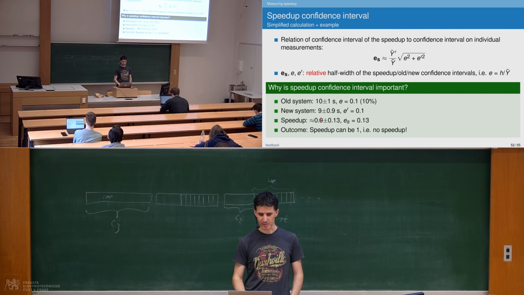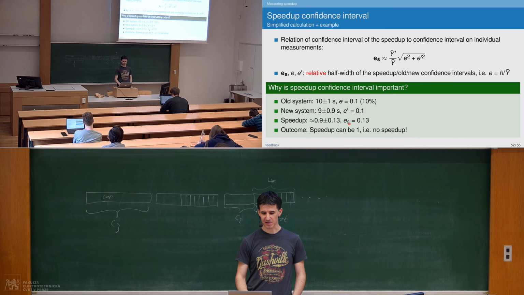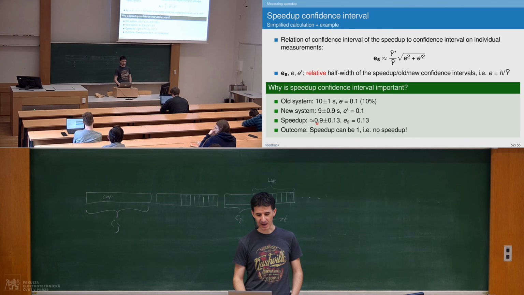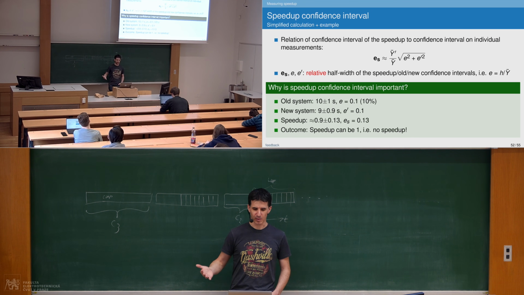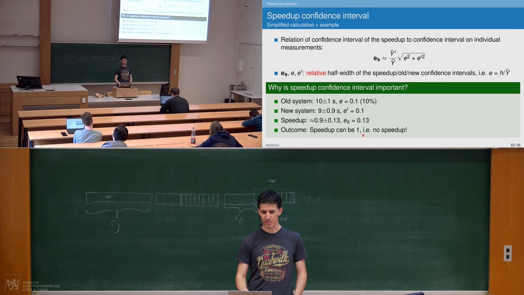But you calculate the speed up, and if you calculate the confidence interval according to this formula, the result will be that the relative confidence interval for your speed up is 0.13, which means our speed up is 0.9 plus minus 0.13 with certain probability, which means that there is pretty good chance that speed up can be just 1.